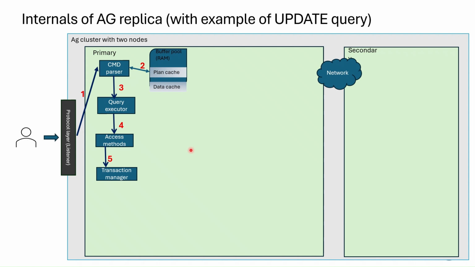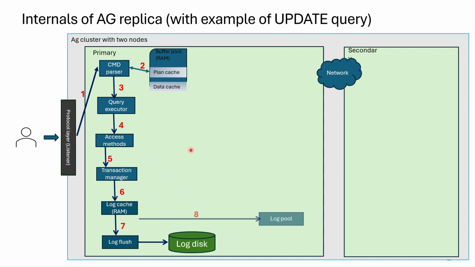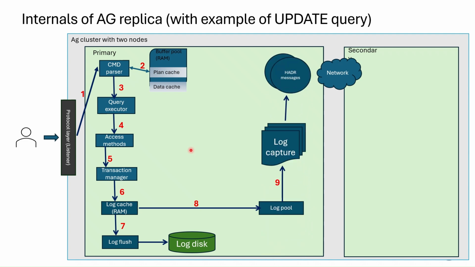When the Transaction Manager gets the data change request, it first caches the log in the log cache. Then this cache is flushed to disk. At the same time, in parallel, the log cache is pushed to the log pool to send to the secondary replica. From the log pool, logs for each database are captured and sent to the corresponding partner replica.